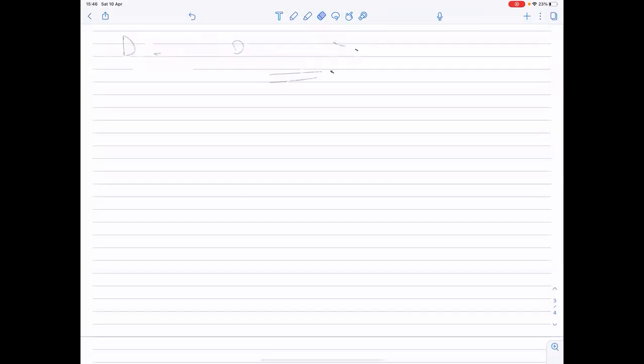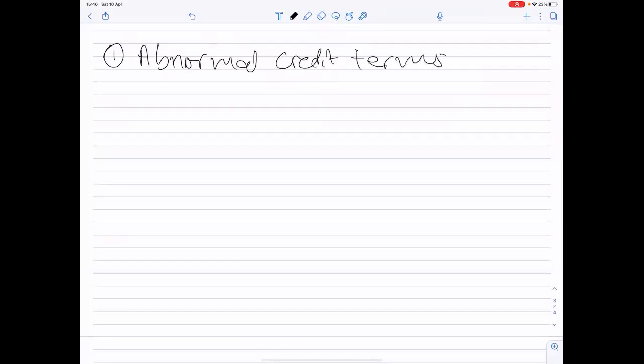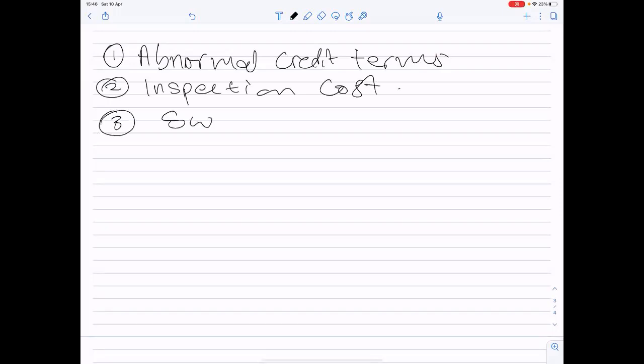Let's leave it out. Right, we can look at number 1, abnormal credit terms. We have to look at that in the coming week. We also have to look at the inspection cost whenever there is going to be an inspection, we can look at the swaps, and the disposal of assets altogether.